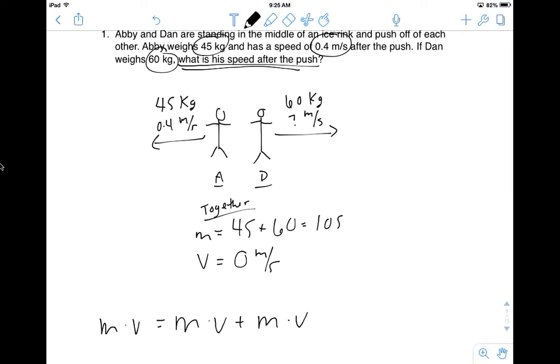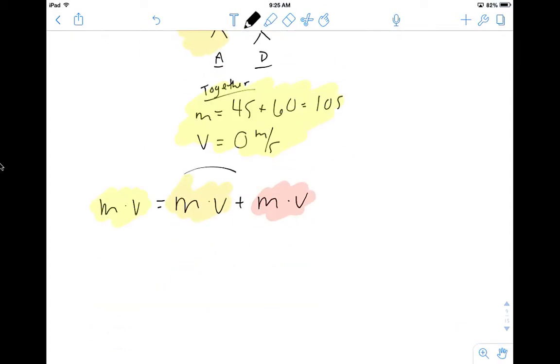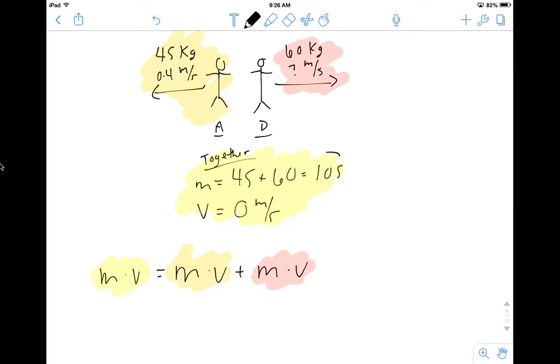So let's do the same thing we did before in the video. My first mass times velocity is the momentum for when they're together. The next mass times velocity is the momentum for one person, and the last one is the momentum for the other person. So these two are after the push. This is before the push. Now I'm just going to plug in. I've got 105, which plugs in there.